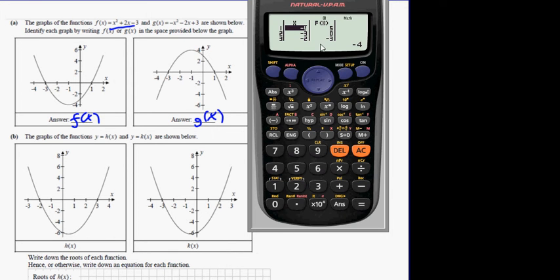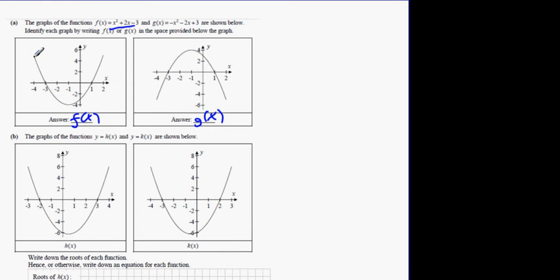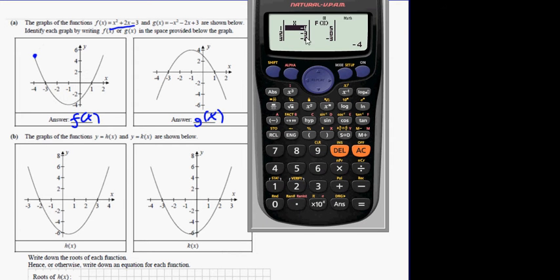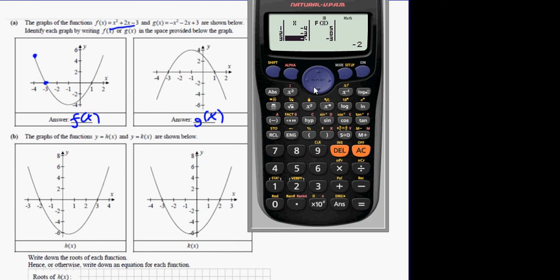So look, we can say that it's minus 4, 5, which is here, and then we can say that we have minus 3, 0, which is this one here. And then we can say, what else do we have? We have minus 1, minus 4, which is this point here, and that's enough to tell the difference between the two graphs, okay? So we then know that that's f of x and the other one is g of x.